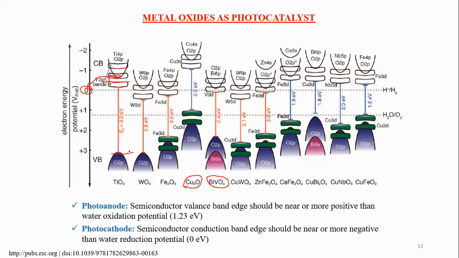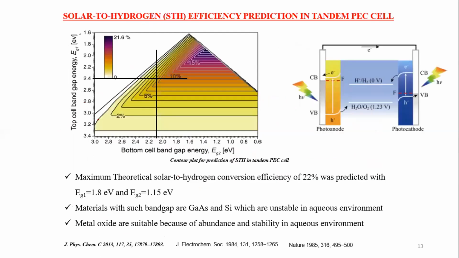The valence band edge should be lower than this water oxidation potential. When you have this kind of band position, the hole can easily transfer from the lower potential to the higher potential side. In this way, you can easily oxidize water. That is one of the important criteria while choosing the photoelectrode materials.